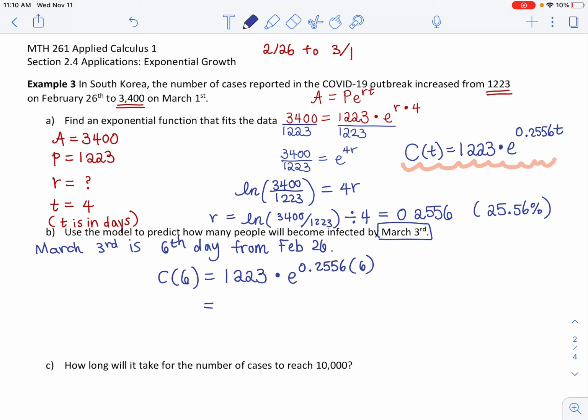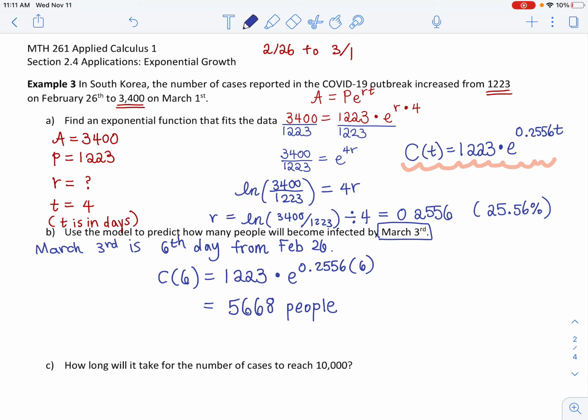Okay, let's type this in. All right, what did you guys get? I got 5,668.399. So I will just round it to the whole number of people.